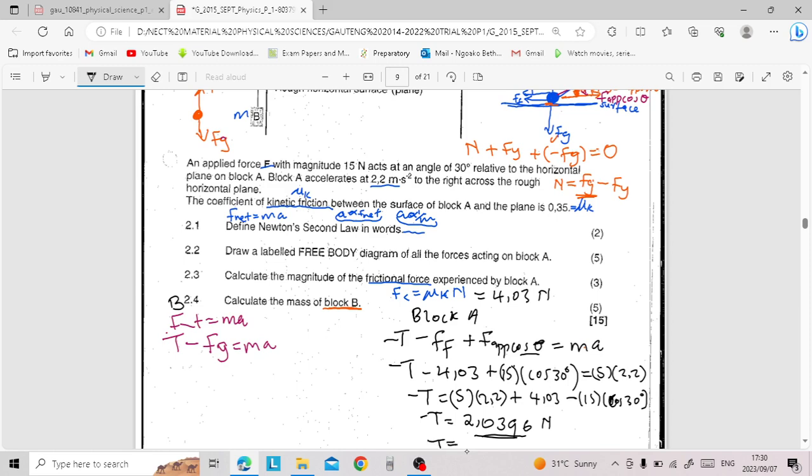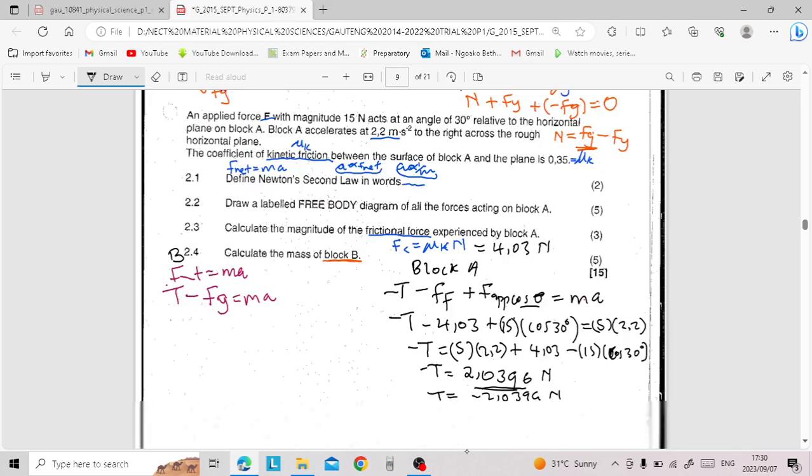Therefore tension equals negative 2.0396 newtons, so I would say the tension is 2.0396 newtons.